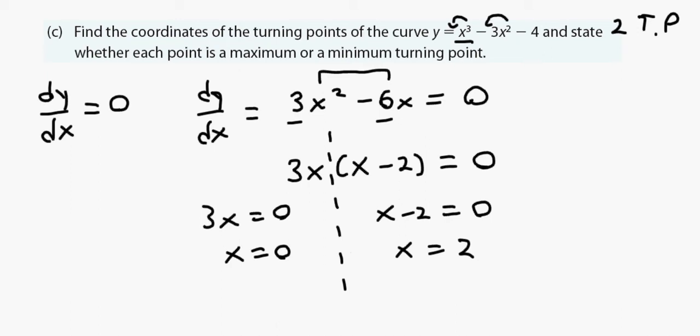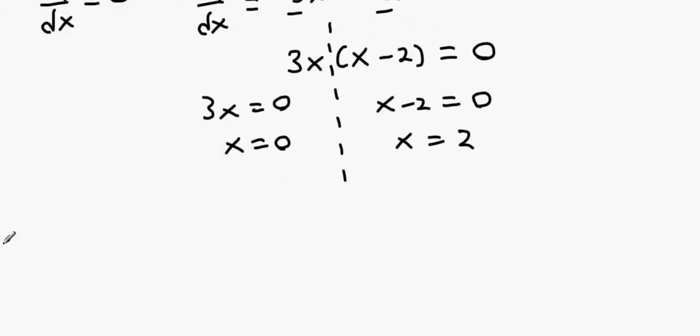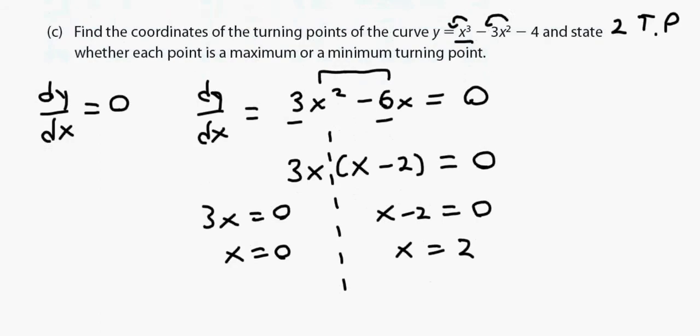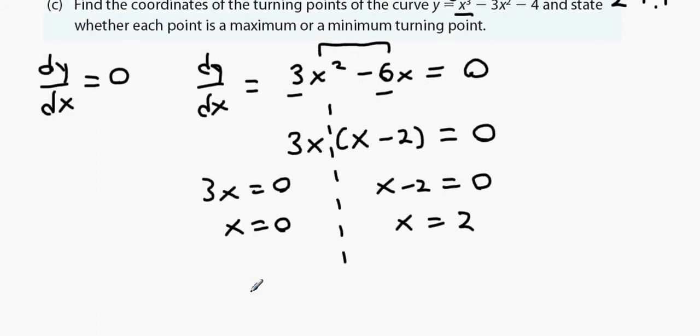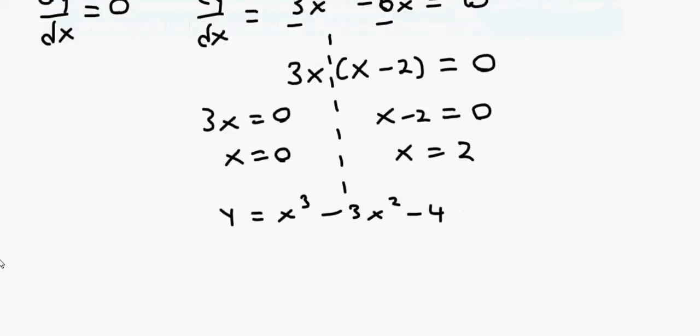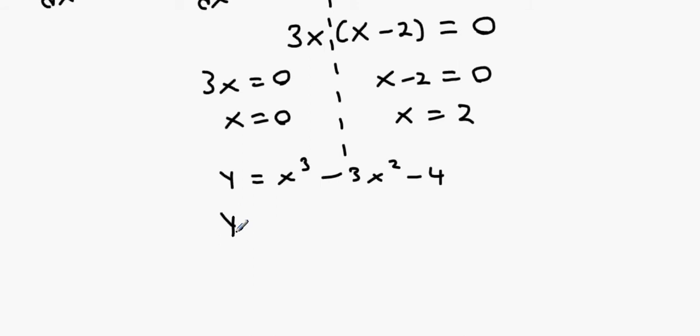Now, with this in mind, we go further down, and we need to figure out what the y values are, because we know they're turning points, okay? So the equation is y equals x cubed minus 3x squared minus 4. So all we've got to do to find out the corresponding y values is replace x with 0 for the first one.